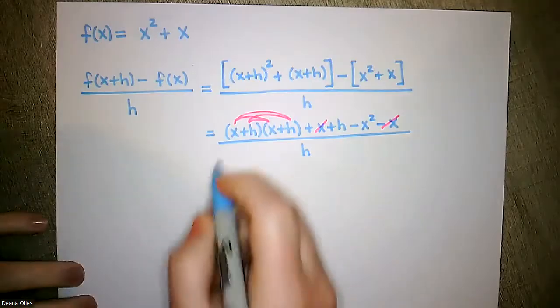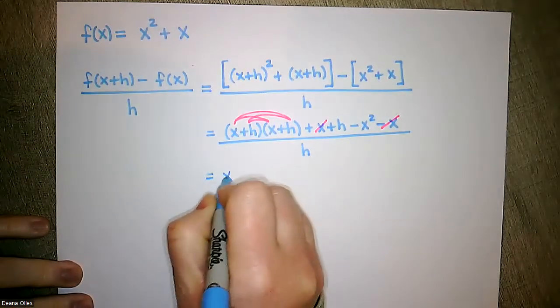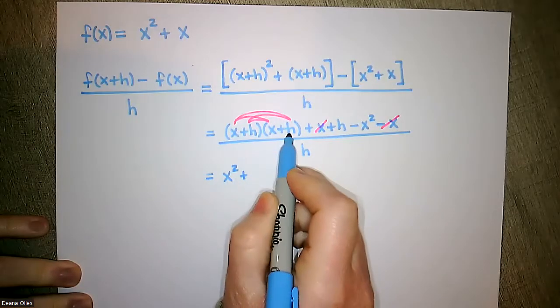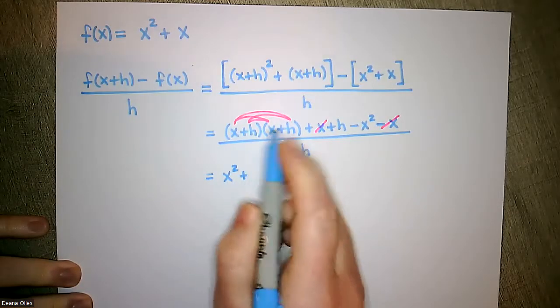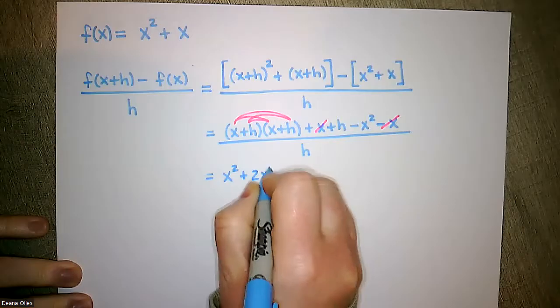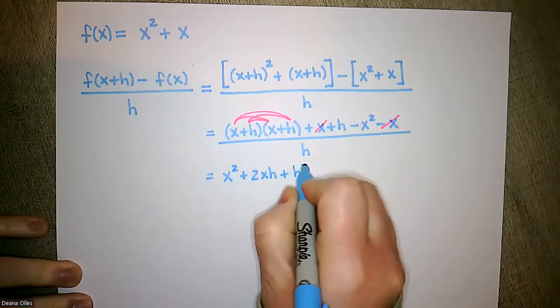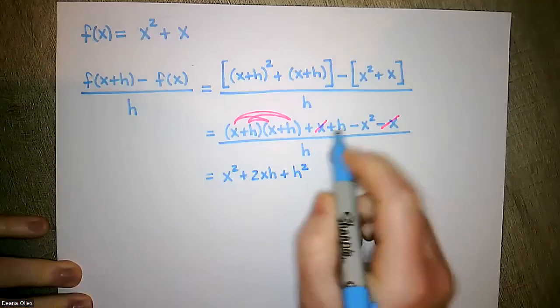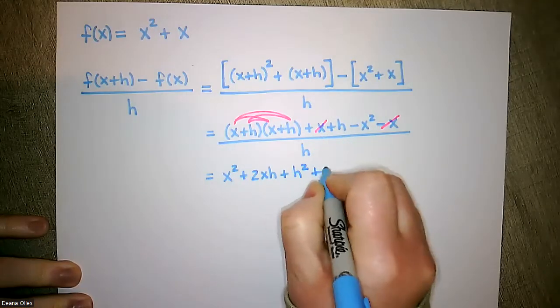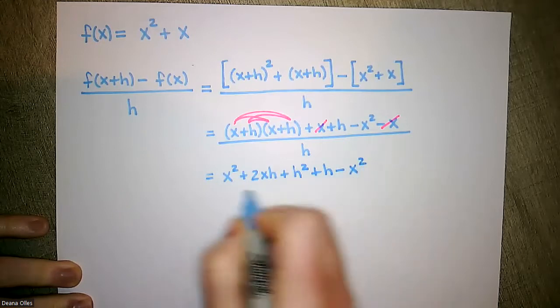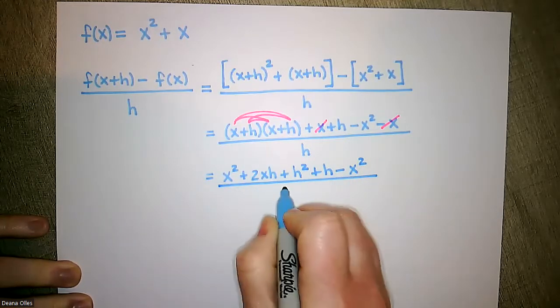So I'll have x squared plus xh plus xh. So there's 2 of those. And then h squared. I've canceled this x. I still have this h. I still have this negative x squared term here, and that's all divided by h.